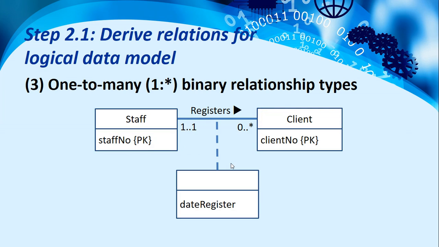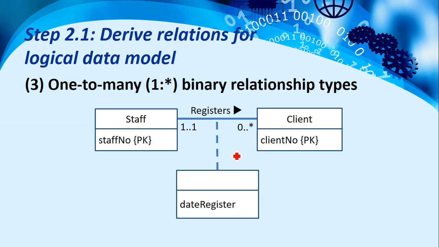Here's an example. This date registered is the attribute of the registers relationship. According to our statement here, we will put this into the child entity.